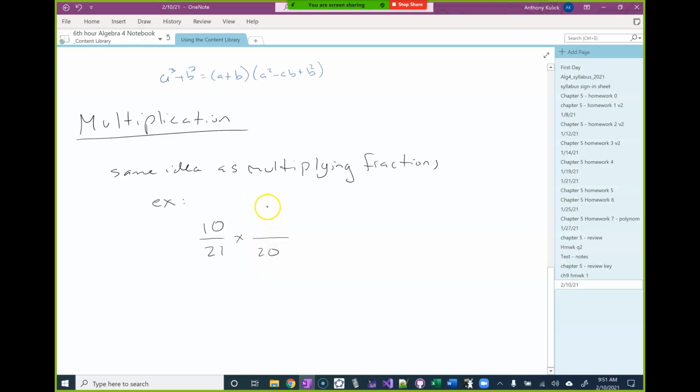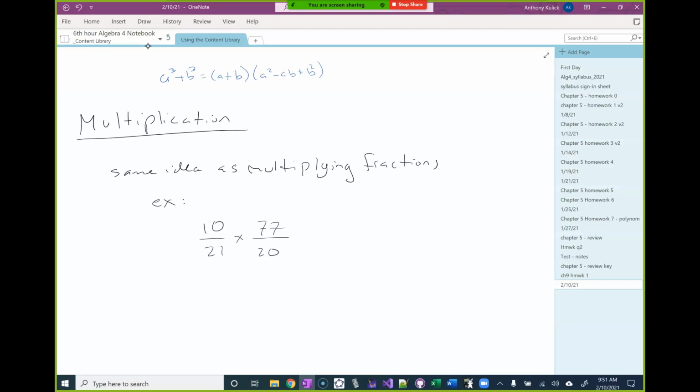Who remembers how to multiply 2 fractions?